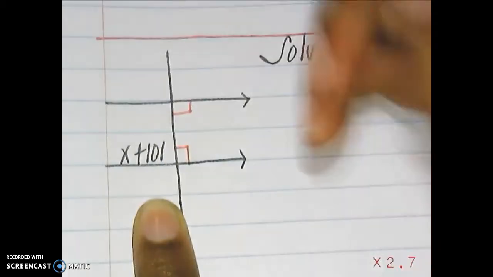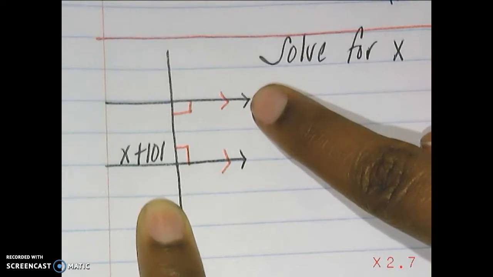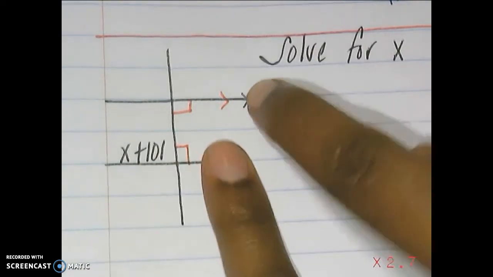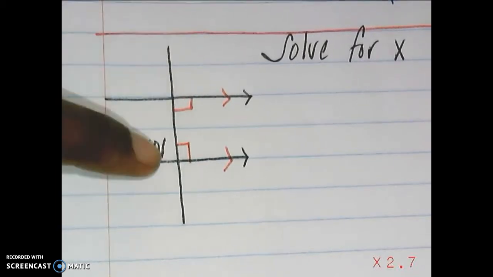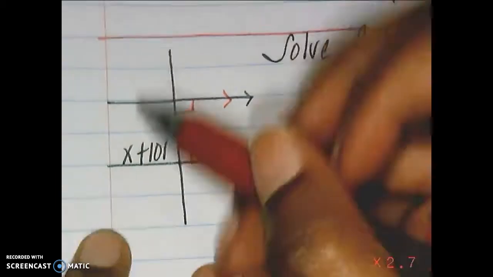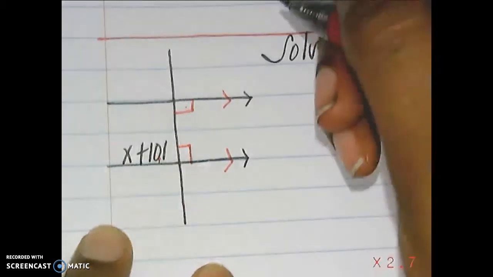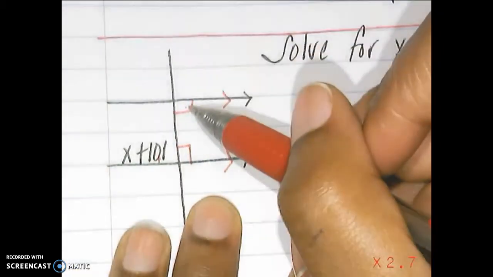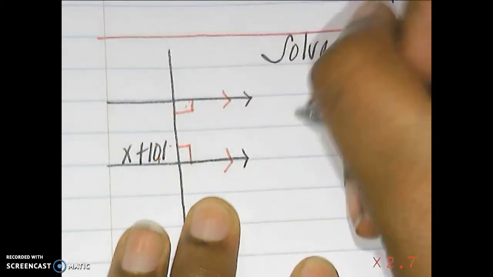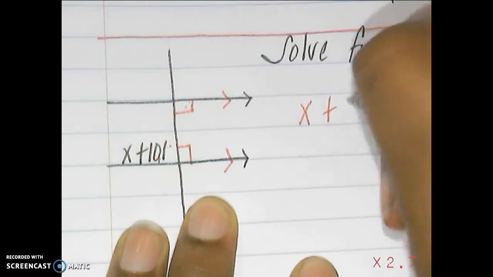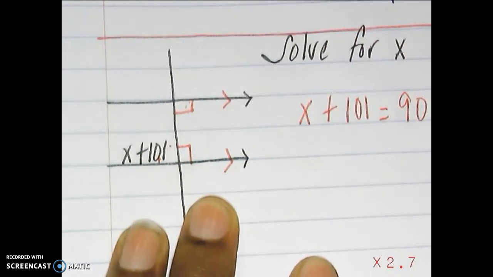And if we have two parallel lines, and I left off the symbol for parallel lines there, what that means is that really and truly, these two angles are a pair of alternate interior angles because they're on the inside. So I can say that for that reason, since they're alternate interior angles, that X plus 101 has to equal 90 degrees or 90.